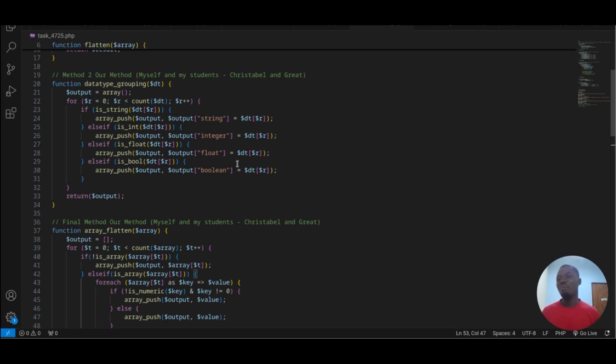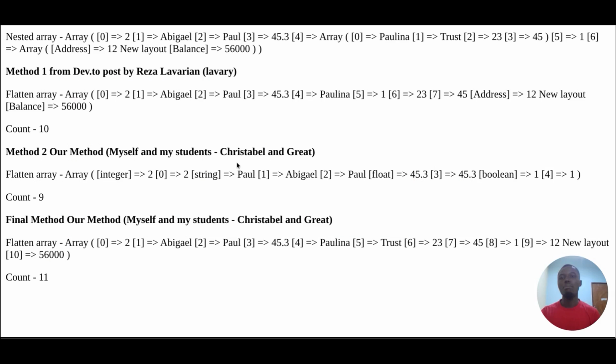Those that are booleans, we pushed to the array. We found that this method did not work, because it gave us a flat array, but those that are arrays, it took away. It gave us a count of 9. You can see it has flattened the array, but we have a count of 9.